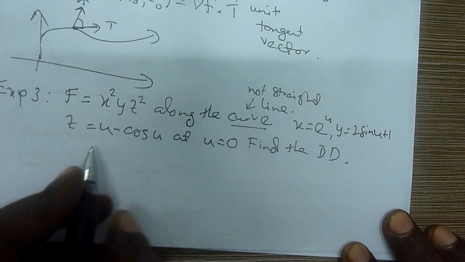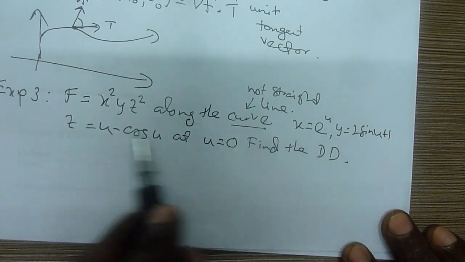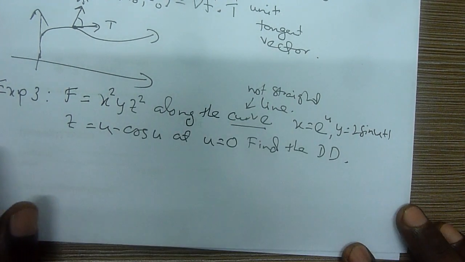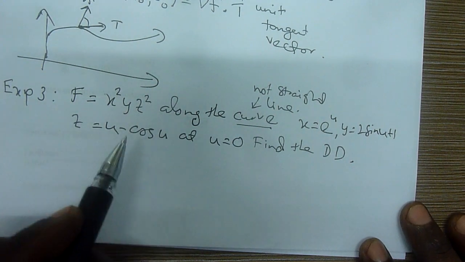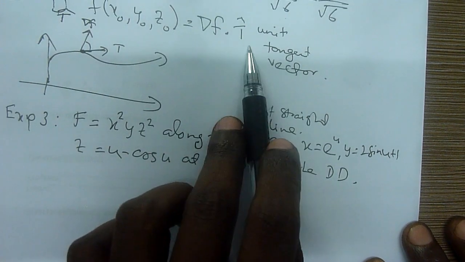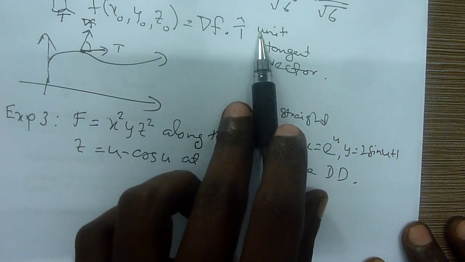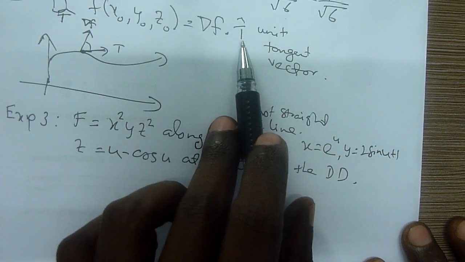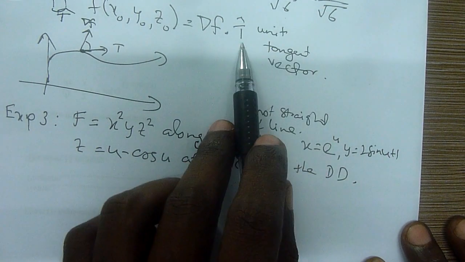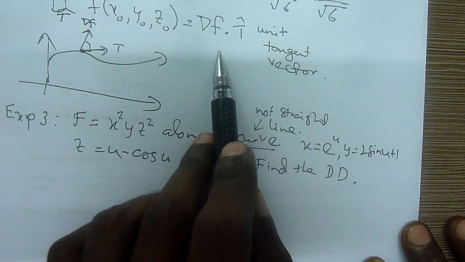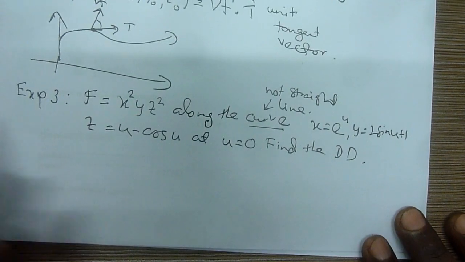Now first of all, solving this is something new to you, right? It's similar to a unit tangent vector, a unit vector, but now the unit tangent vector is explaining something different.